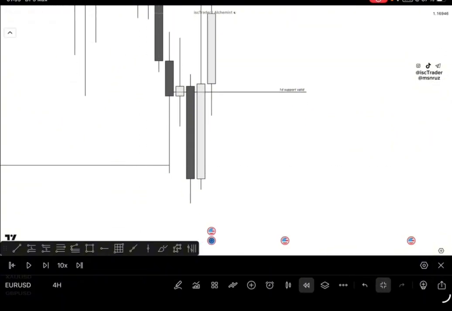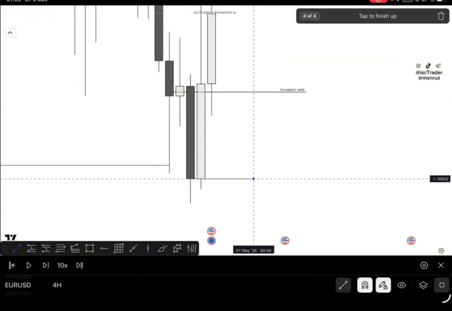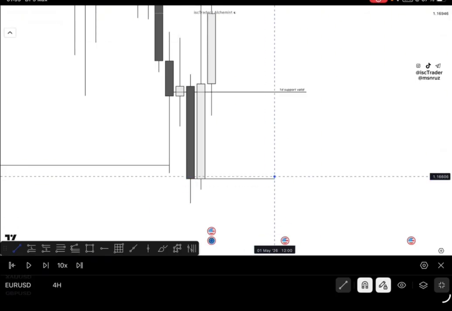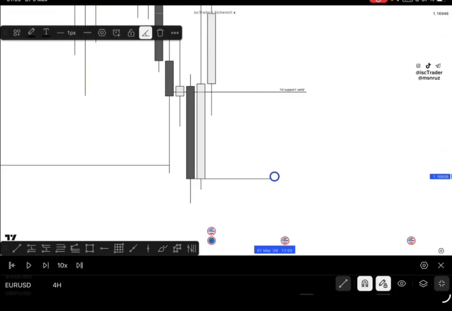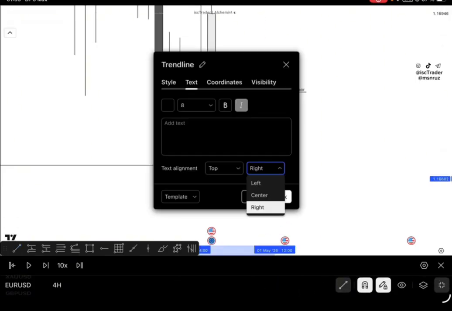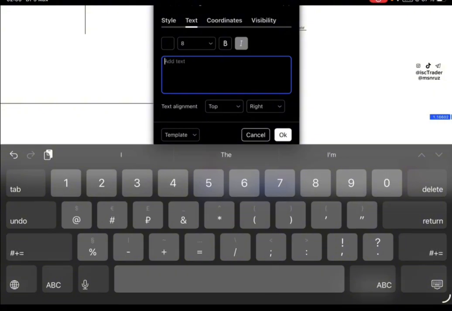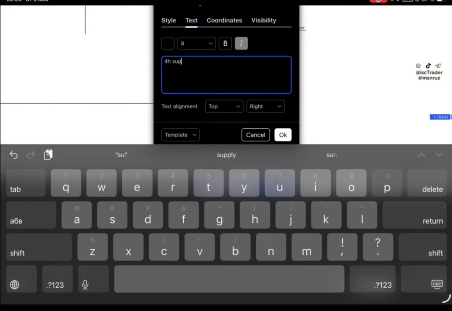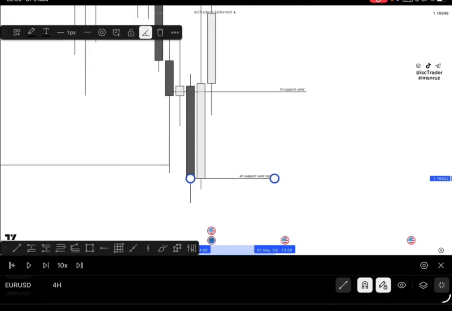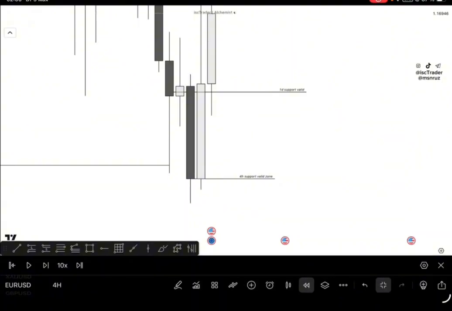Support on the 4 hour, we have yet another support zone here. 4-hour support, a valid zone. Okay, now let's switch from the 4-hour down to the 1-hour.